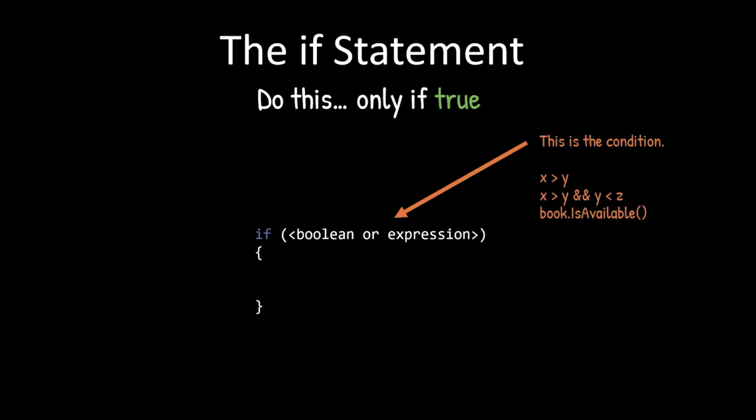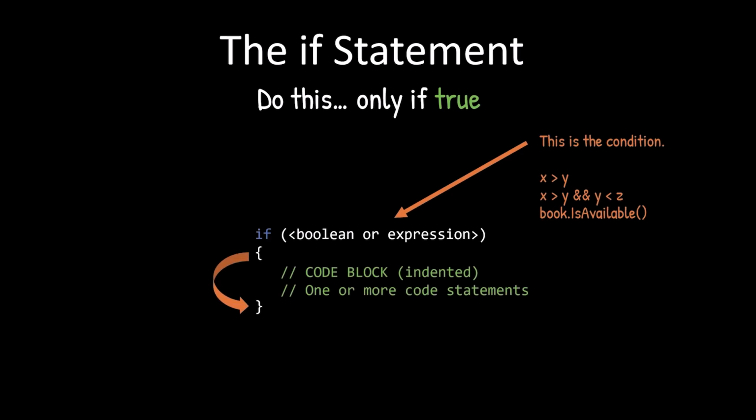Now, immediately following the parentheses are the curly braces that contain the code block. This is where you put one or more statements that you want to execute if the condition is true. And let me repeat that. The code in the code block will only execute if the condition evaluates to true.